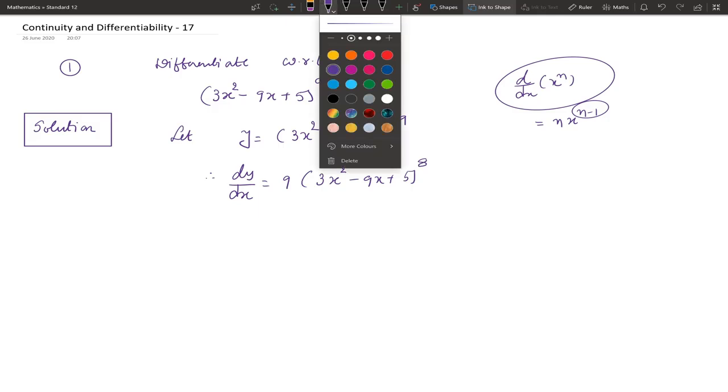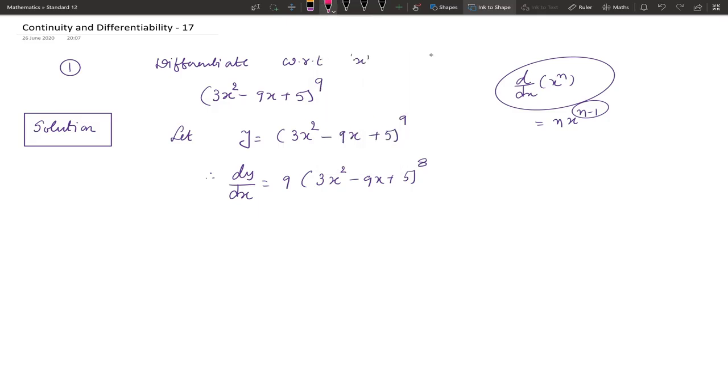But you can observe inside it is a function of x. So by chain rule we have to differentiate d by dx of 3x² − 9x + 5. So first we have used d by dx of x raised to n, which is nx raised to n minus 1, and then we have used chain rule.